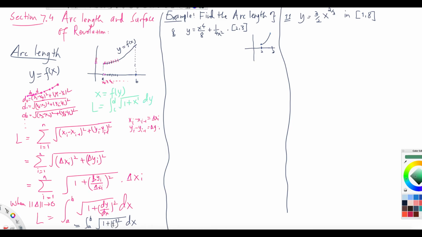Here it is y prime, but there it is x prime, or you can write g prime of y, and then the square of that. If your function is solved for x equals f of y, that's what it looks like.